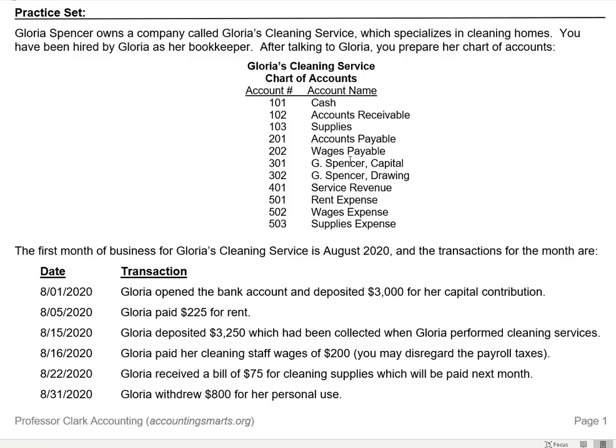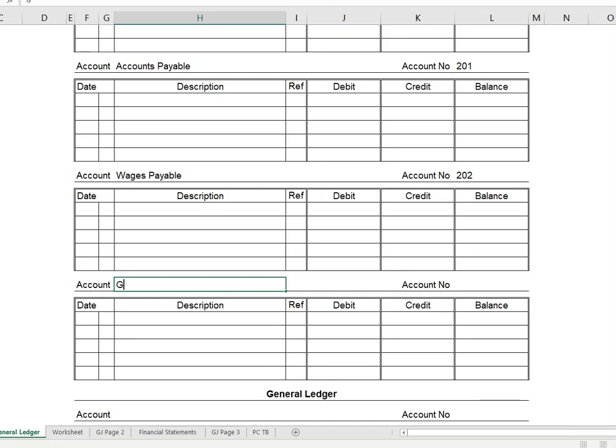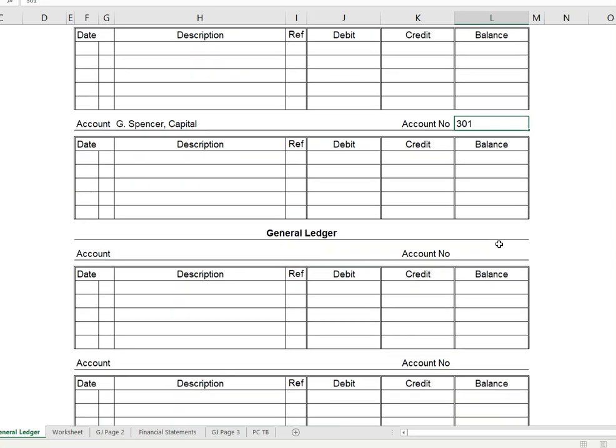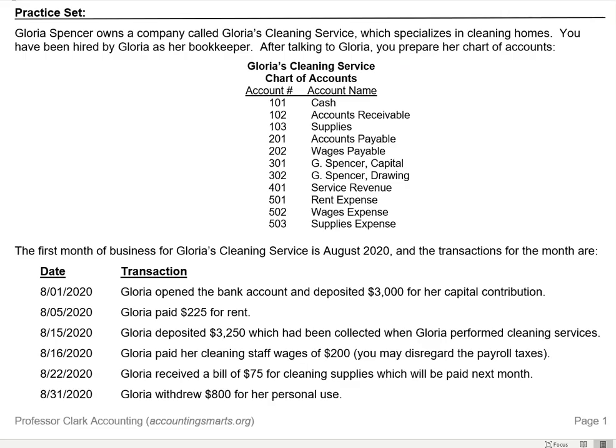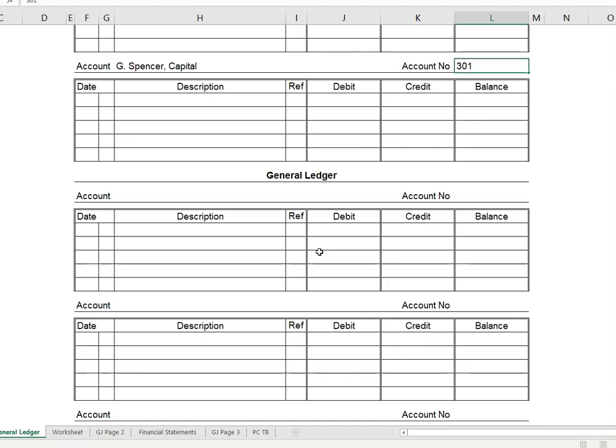Our next account is G. Spencer Capital, 301. Next is account 302, and that is the drawing account.